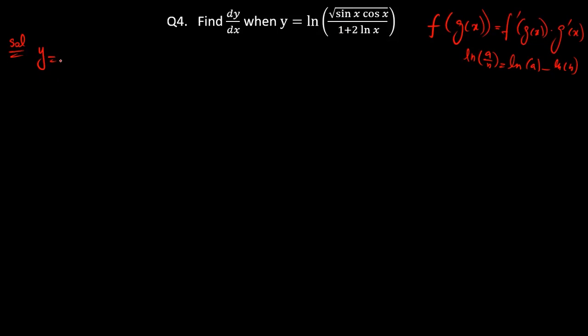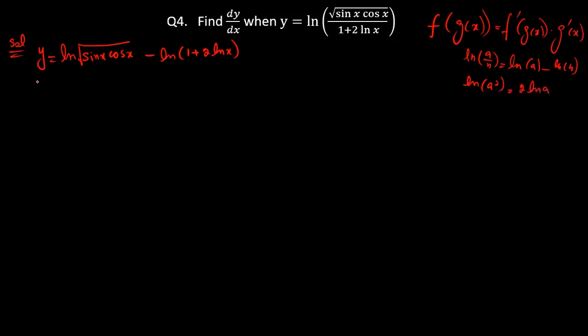So we will write it as natural log of square root of sine x cos x, minus natural log of 1 plus 2 natural log of x. Now we know another property: if we have natural log of a to some power, like 2, we can write it as 2 natural log of a.